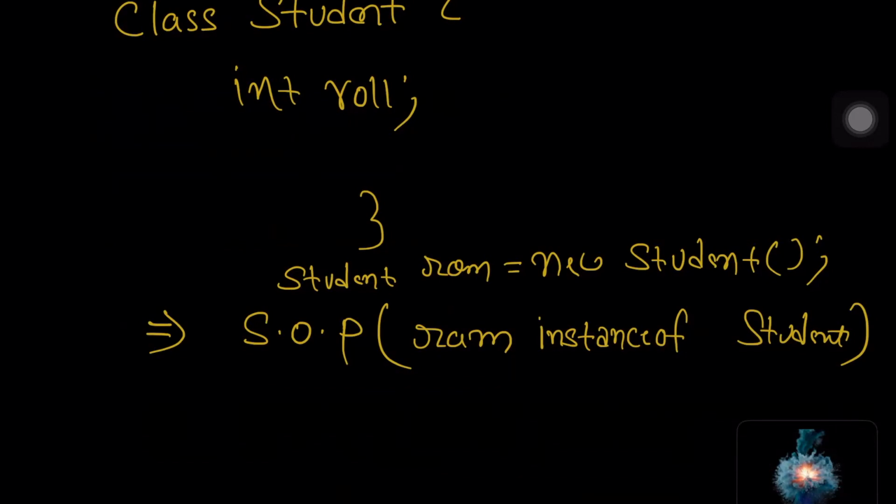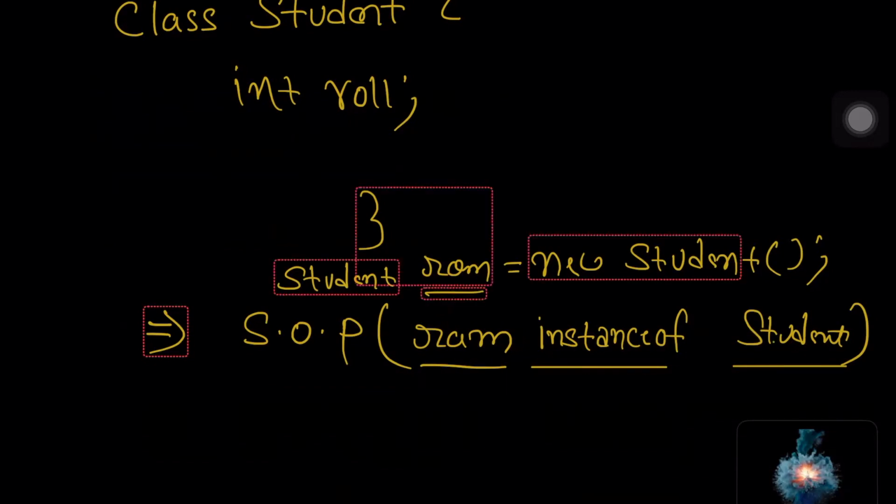If I have to check it, how can I do that? I can write Ram, which is the object name, instanceof, and then the class name Student. Is Ram of type Student? The object Ram we have, does it have type Student or not? If Ram belongs to Student, it will return true.